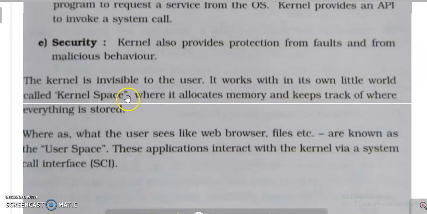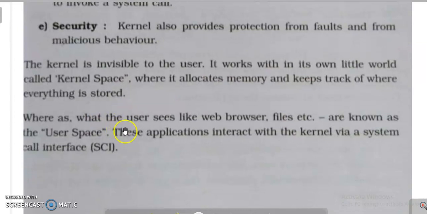So it works within its own little world called kernel space, where it allocates memory and keeps track of where everything is stored. Whereas what the user sees, like web browsers, files, etc., is known as user space, and these applications interact with the kernel via the system call interface, which is SCI.